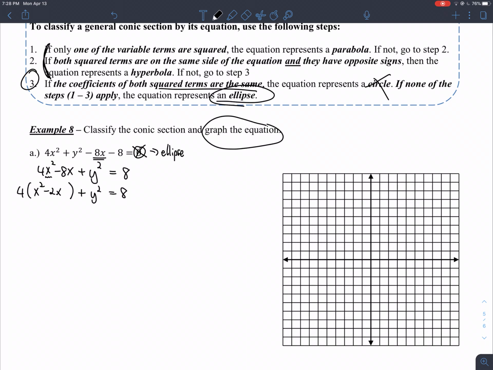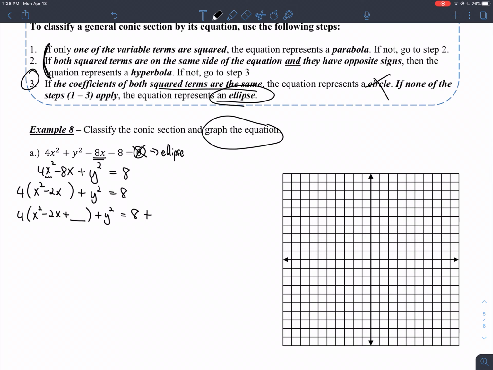And then complete the square. So how do you complete the square? I do this. I say 4 times x squared minus 2x plus something, okay, plus y squared equals 8. And then because I'm adding something here, I have to add something here. Okay, that's how completing the square works.